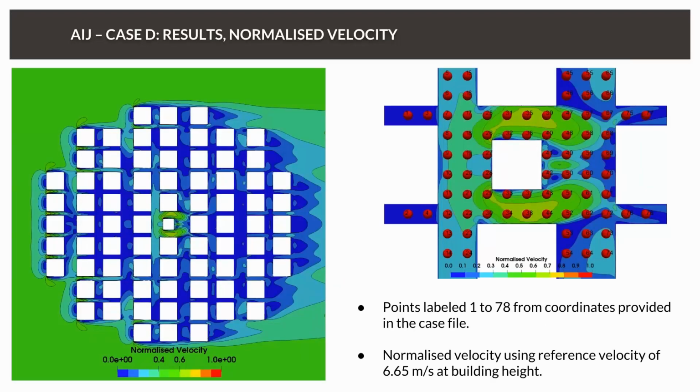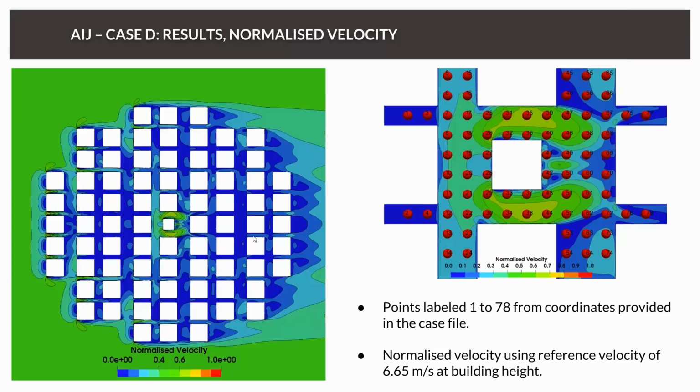Yes, and here you can see some of the results. The colors are representing the normalized velocity, and red is the highest velocity in the domain, blue the lowest. On the left side you can see the characteristic flow pattern around the city, and the image on the right side is showing a section.